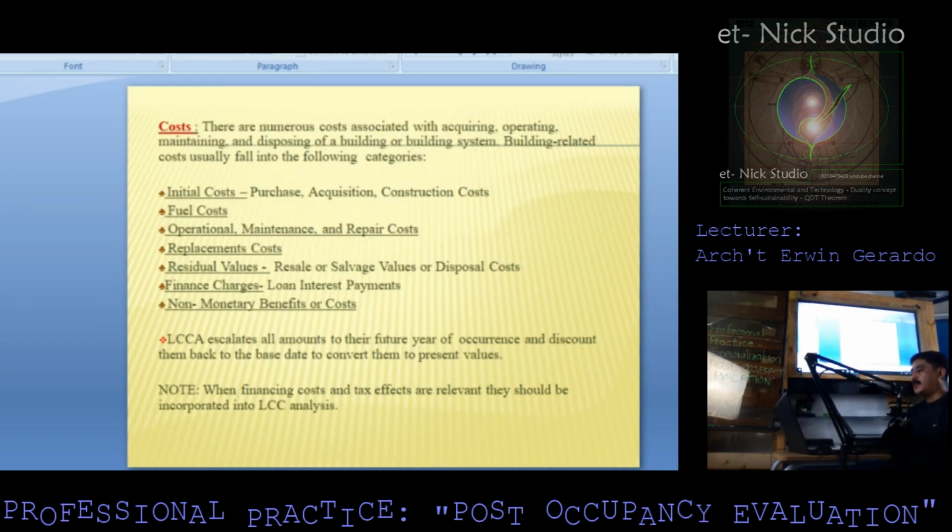Cost. There are numerous costs associated with acquiring, operating, maintaining, and disposing of a building or building systems.